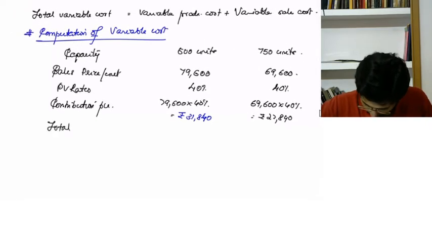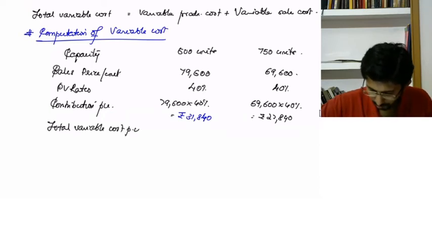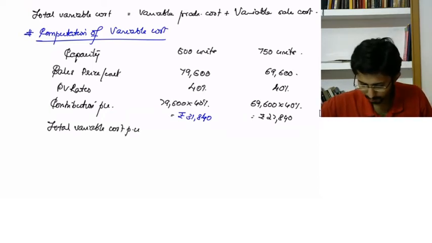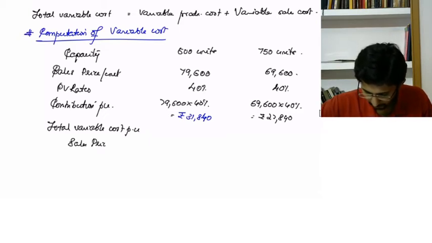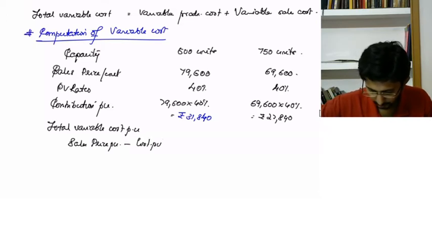Okay, now what do you have to do? Total variable cost per unit. How do you get it? It will be sales price per unit minus contribution per unit.